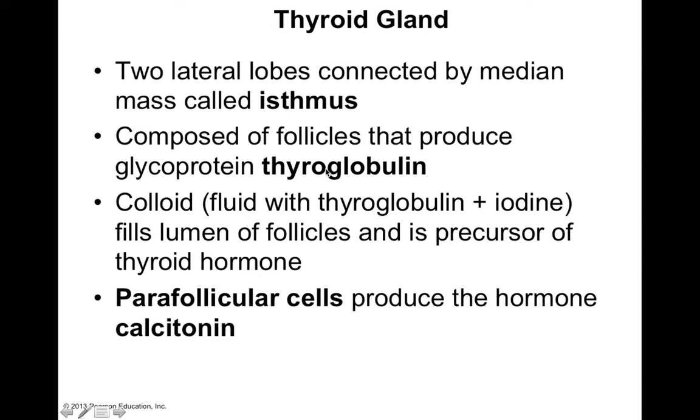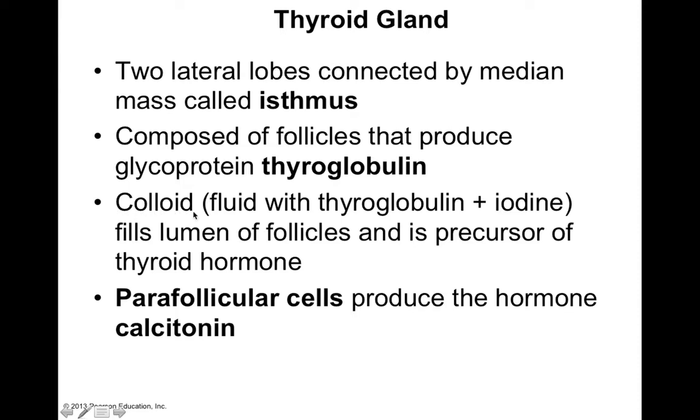thyroid gland makes lots of molecules called thyroglobulin, which function as the precursor for thyroid hormone. In fact, this thyroglobulin is stored in conjunction with iodine in a fluid-filled space called the lumen. In fact, that fluid is called colloid.